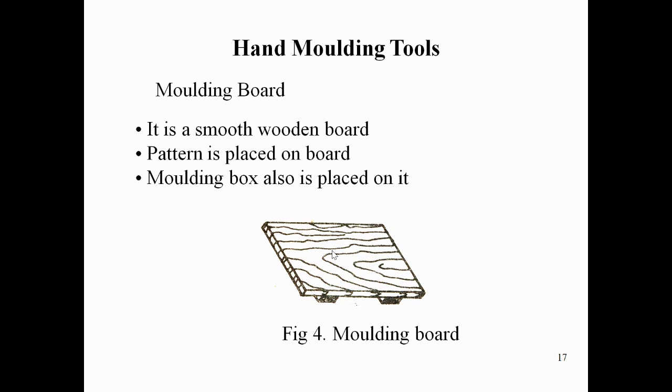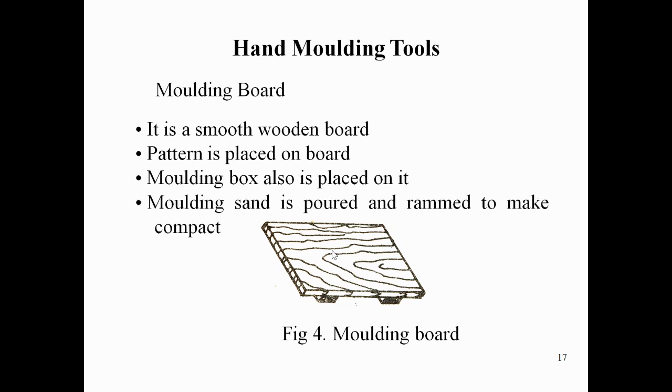The pattern should be in the middle of the molding board. Next, molding sand is poured and rammed to make it compact. After placing the pattern within the molding box, pour the molding sand and ram it to make it harder and compact.